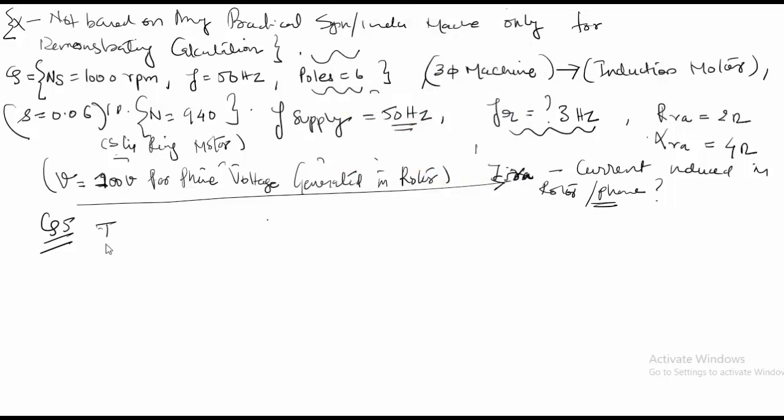So your IRA is close to 12.91 ampere, and this is your starting current when your resistance at starting is equal to 2 ohm.